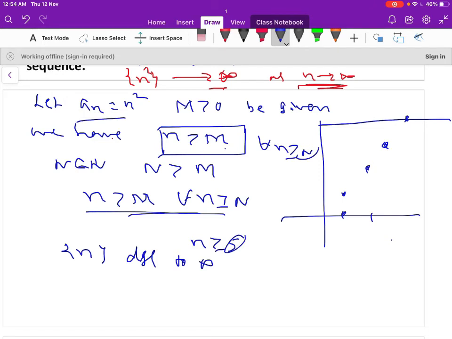So let us take a n equal to n square. Let M greater than 0 be given.